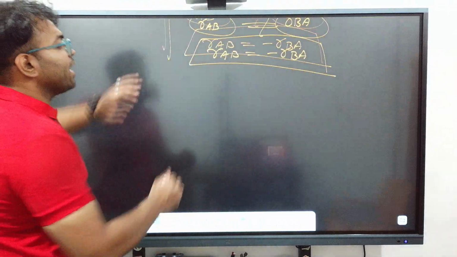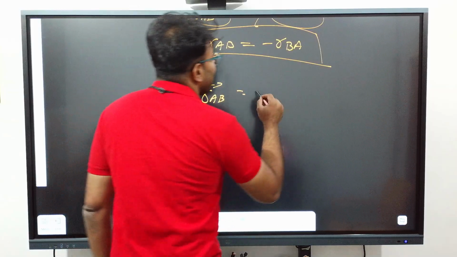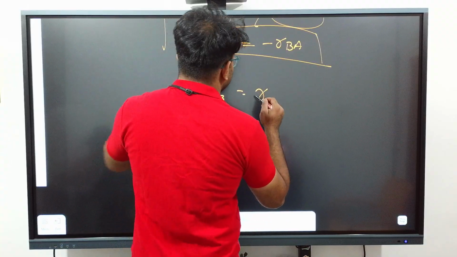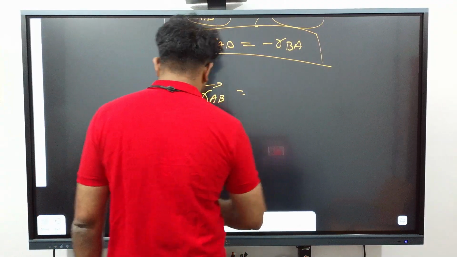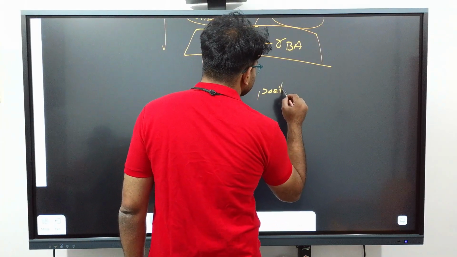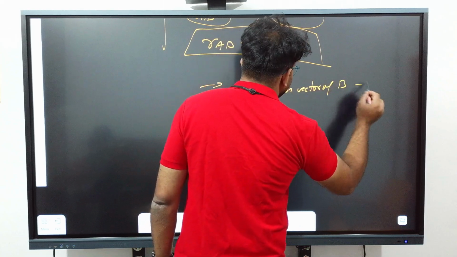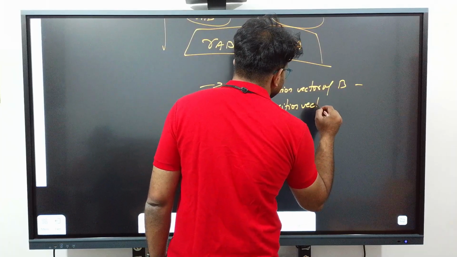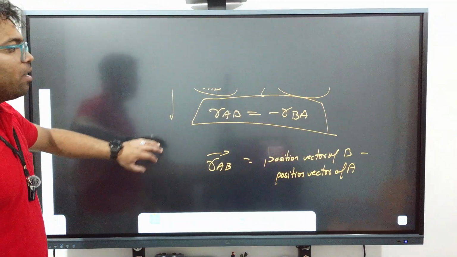So RAB can be represented as the position vector of B minus the position vector of A. Now, let's look at the diagram.